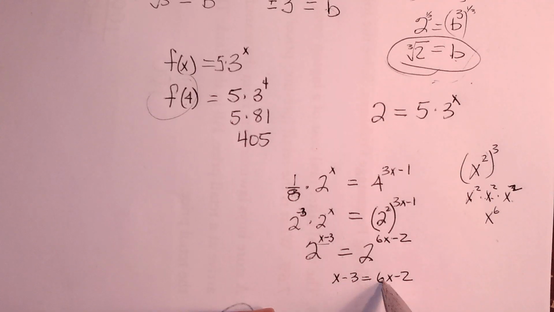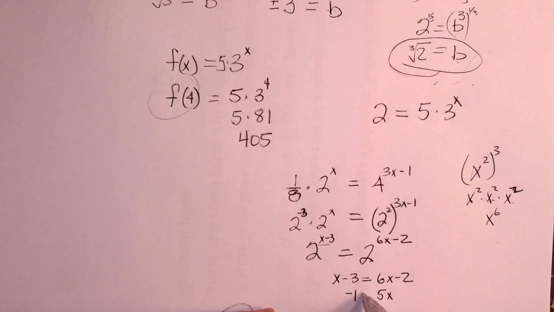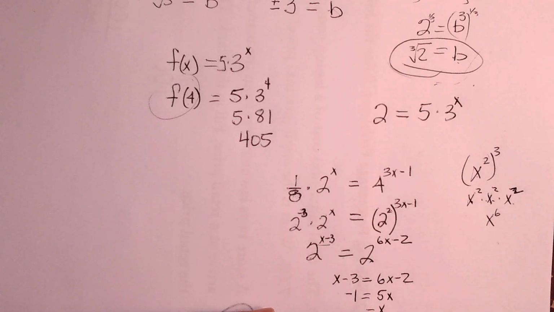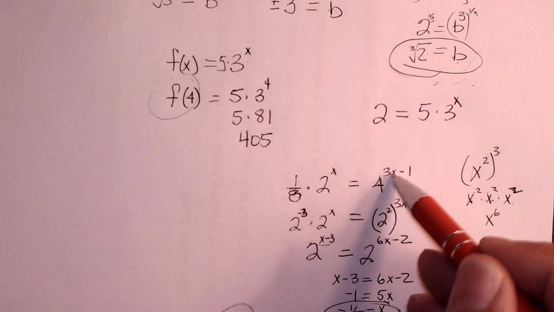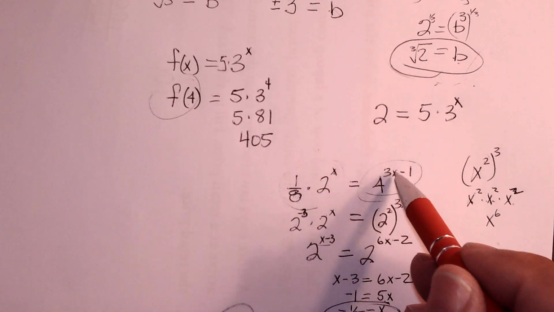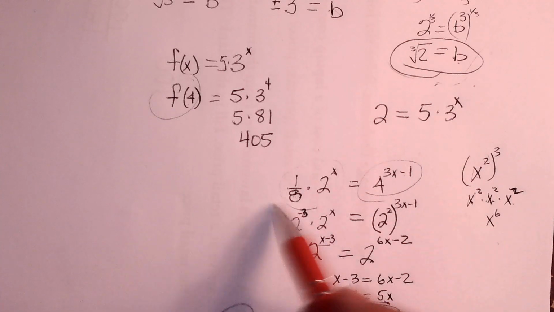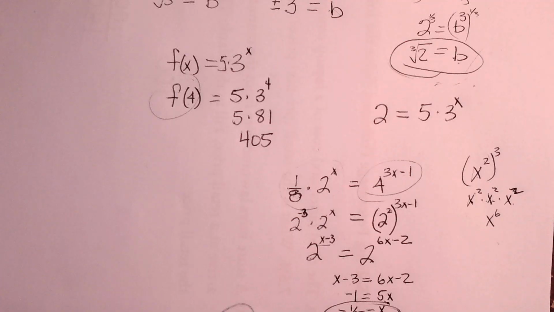So if I subtract x from both sides, add 2 to both sides, x equals minus 1/5, dividing both sides by 5. So minus 1/5 will make this side equal to this side if I put minus 1/5 in for the x's. And you could work that out and check it. You could type it into your calculator and check it.